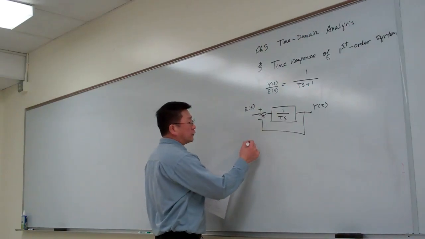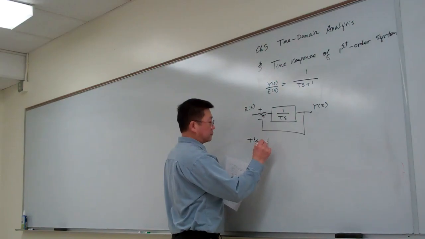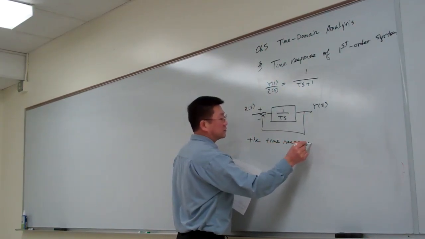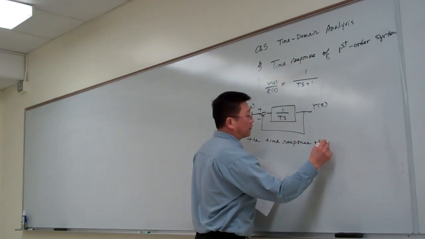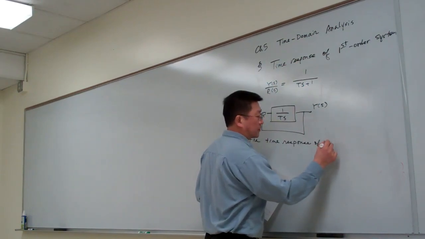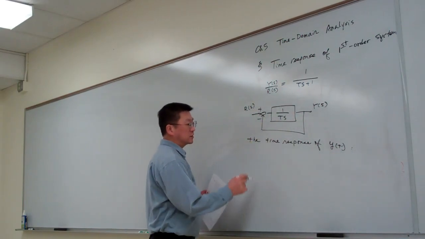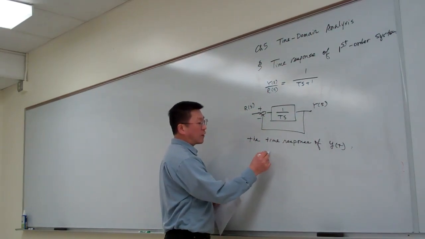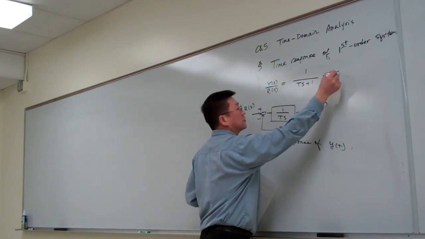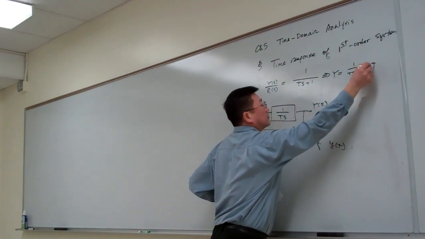And so therefore, the time response of R(t), the Y(t). So Y(t) is the output. Basically, you can see Y(s) from here, because Y(s) equals 1 over (Ts plus 1) times R(s).